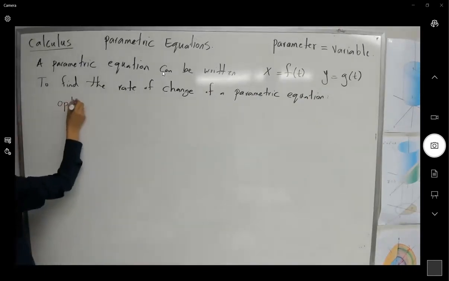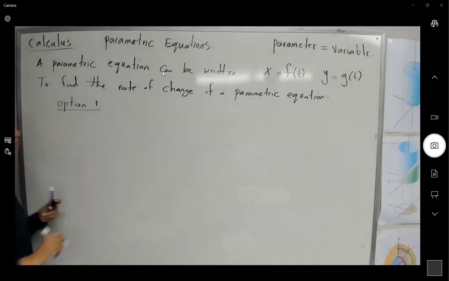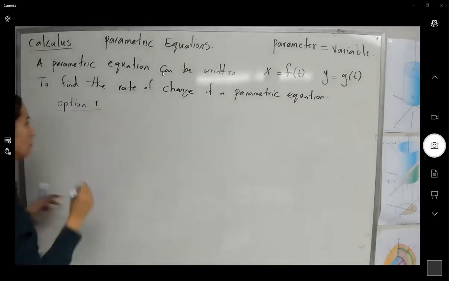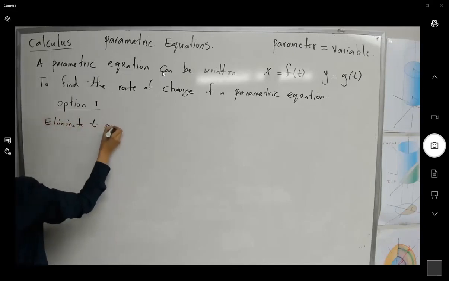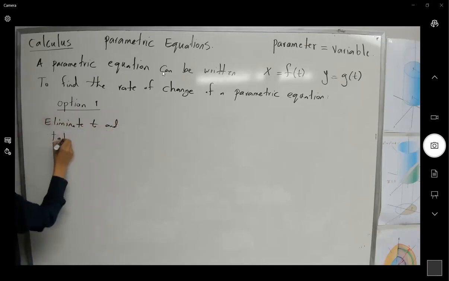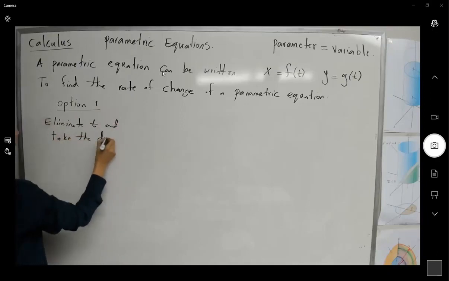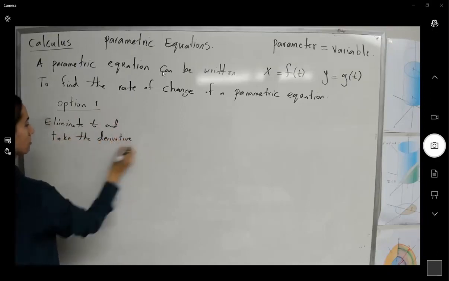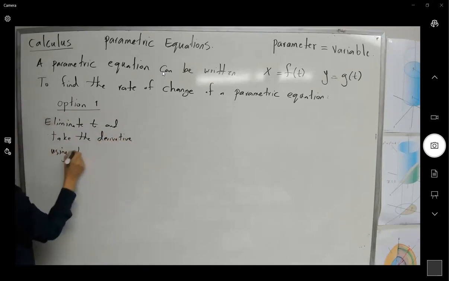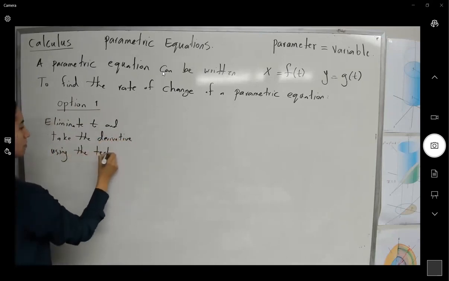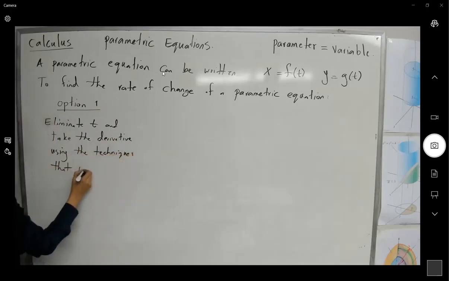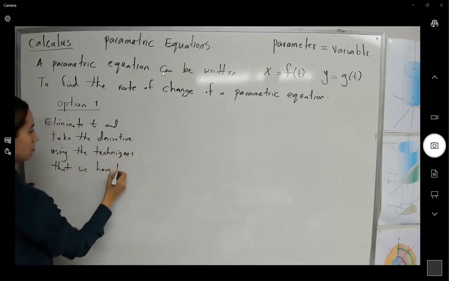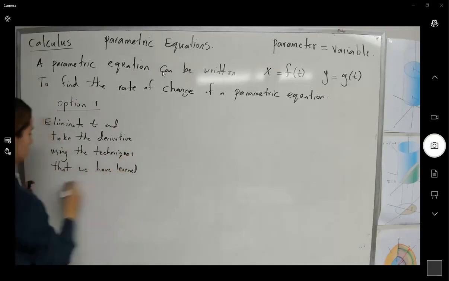Option 1 is to get rid of t. Eliminate t and take the derivative using the techniques that we learned before in this class.